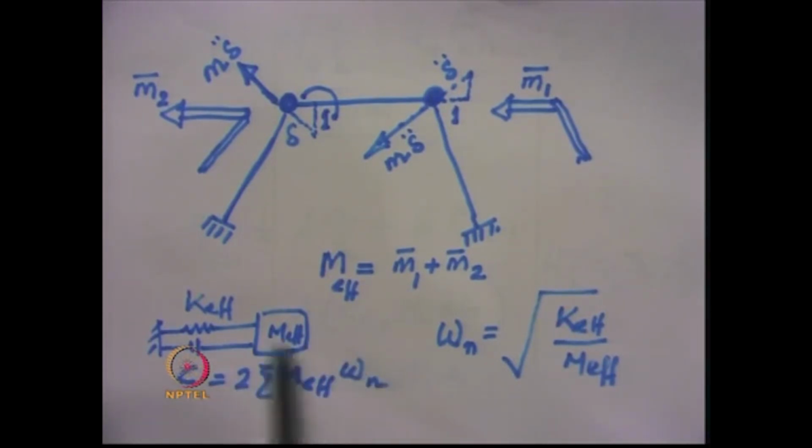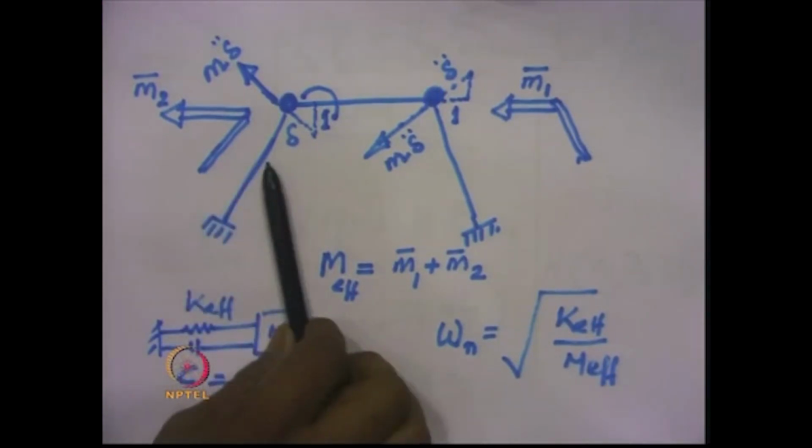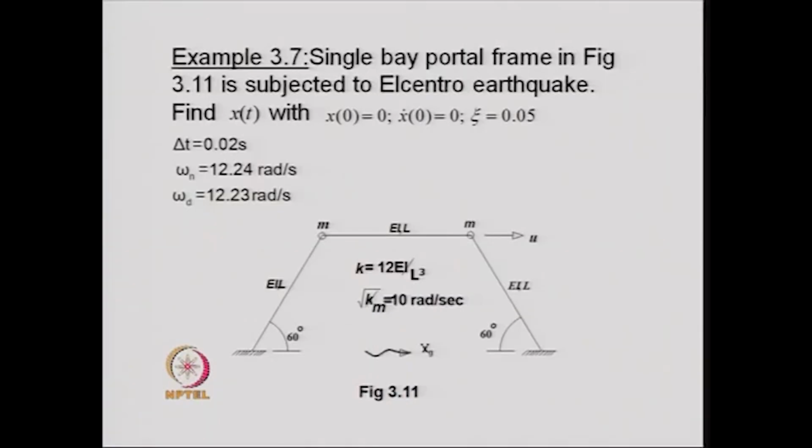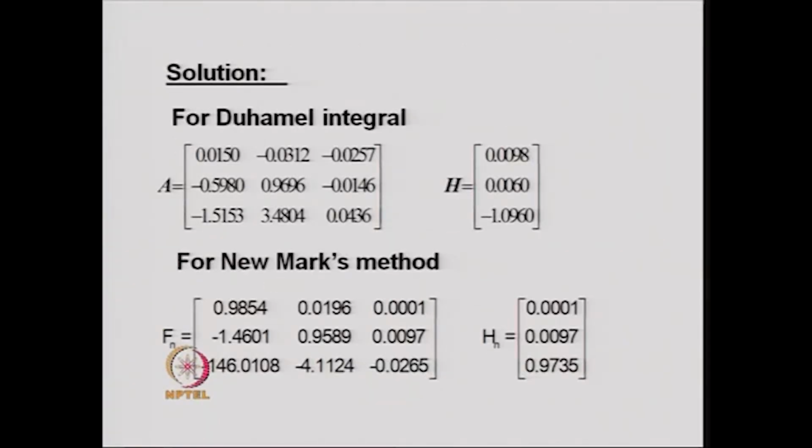So, we now solve this equation by various methods that I have outlined previously. If we use the Duhamel integral, then the type of recursive formulation that we used or proved is this, the Duhamel integration.